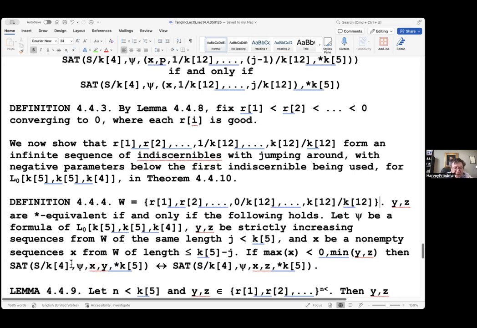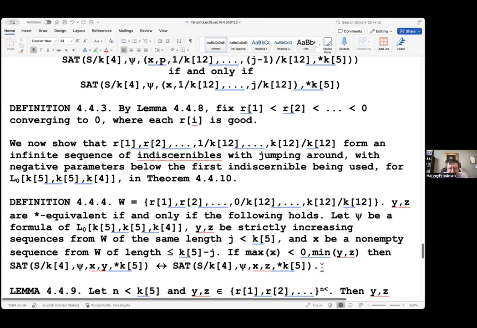And let X be a non-empty sequence from W of that length, and the max is less than 0 and the min of Y, Z, then we have equivalence. So this is really the kind of indiscernibility we're looking for. I'm just giving a name for it.